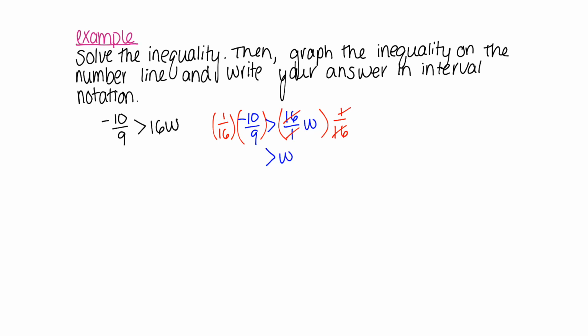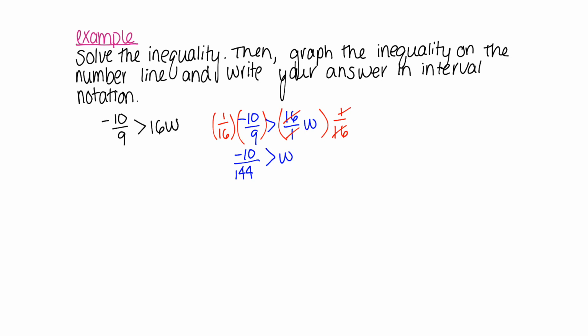On the other side, we have 1 over 16 multiplied by negative 10 over 9. 1 times negative 10 is negative 10. 16 times 9, I'm going to grab a calculator for, is 144. I know that 10 and 144 are both divisible by 2.